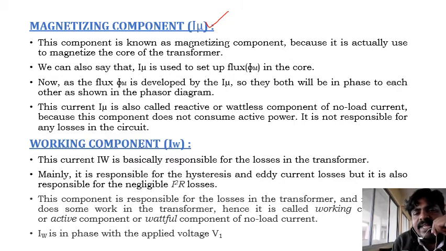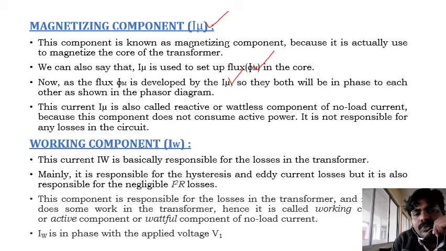Now as the flux phi m is developed by I mu, they will both be in phase with each other in the phasor diagram. These two parameters, I mu and phi m, are directly proportional to each other. That means once you increase I mu, phi m increases.